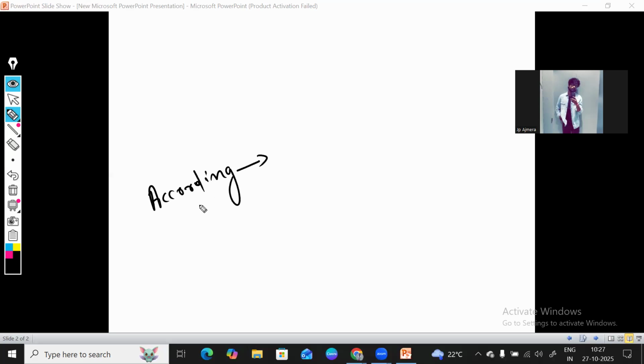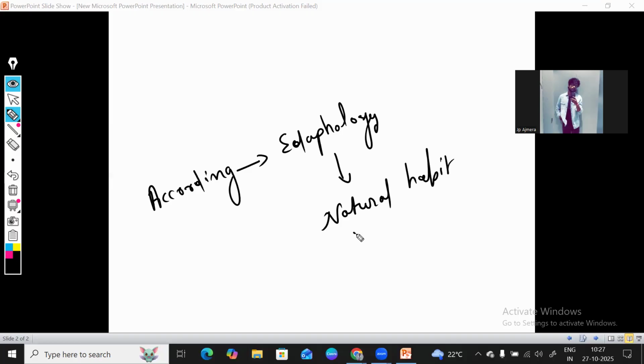What is meant by that? It provides shelter for microbes or plants to live and complete their life cycle. So according to edaphology, soil is a natural habitat.